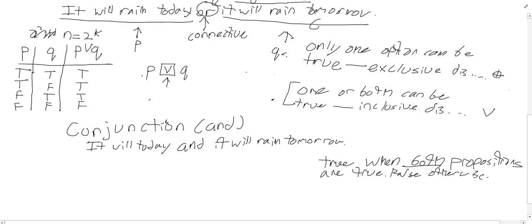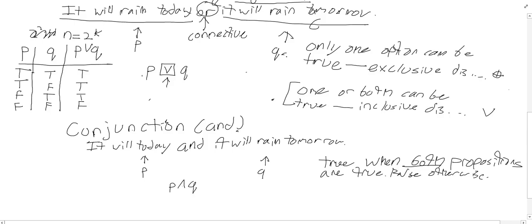So let's represent our compound proposition in algebraic form. It will rain today is P. It will rain tomorrow, well, that's Q. And our entire compound proposition is P and Q.